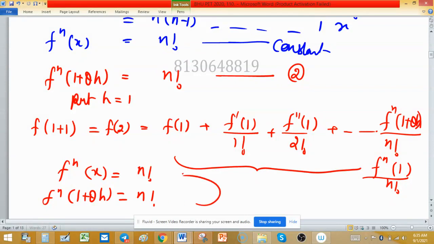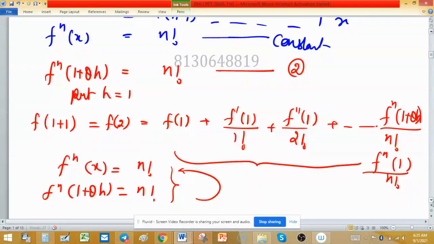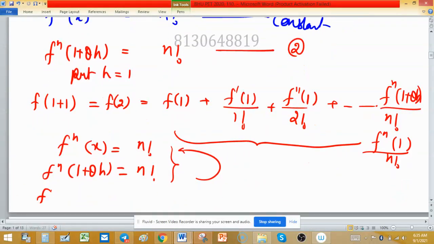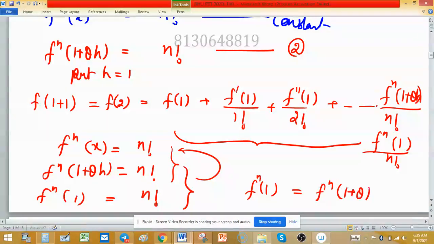So from this I can say, because the right-hand side is the same, f^(n)(1) will be n factorial. So from these two I can write f^(n)(1) is equal to f^(n)(1+θh).